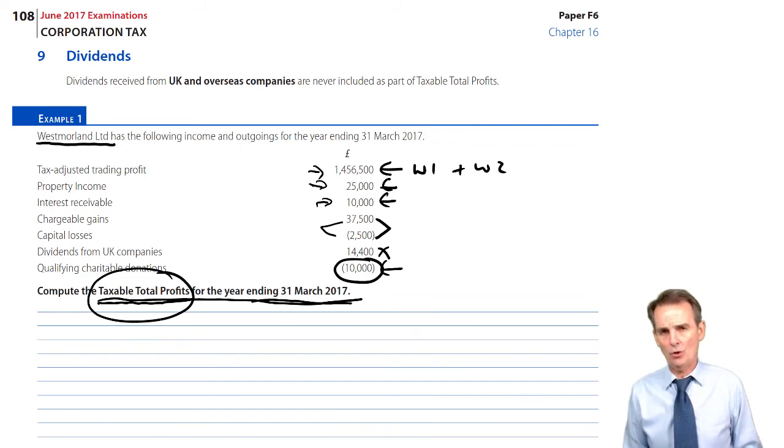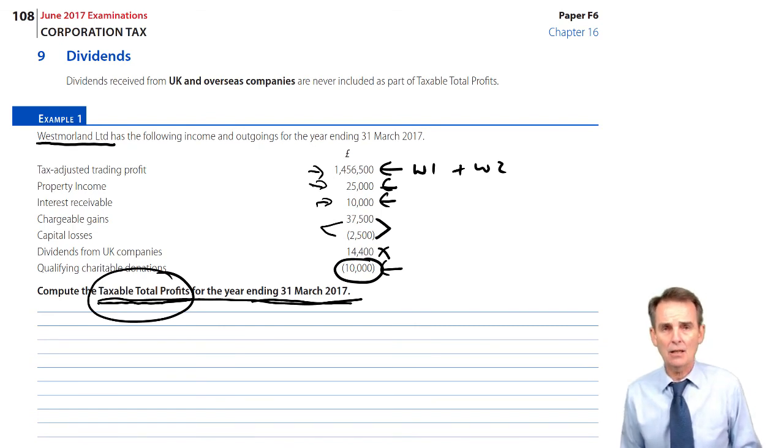It was the situation where, for whatever reason, the company had prepared its accounts for a period of more than 12 months. It had what we call a long period of account. If you've got a long period of account, then you've got to prepare two corporate tax computations because a chargeable accounting period cannot exceed 12 months.